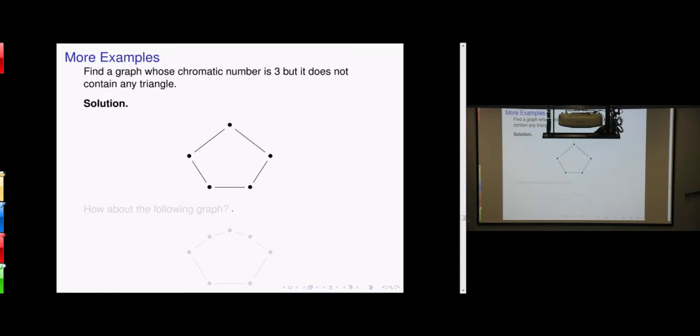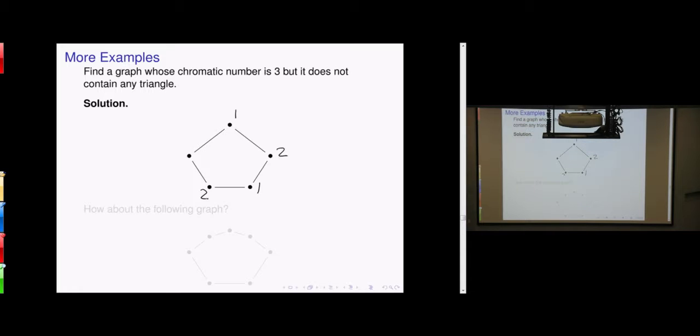The pentagon will have chromatic number 3. Why? Let's try. I start from 1. I try my best, so I do 2 here. And this guy, again, I want to save, so I use 1, because that one is not connected.